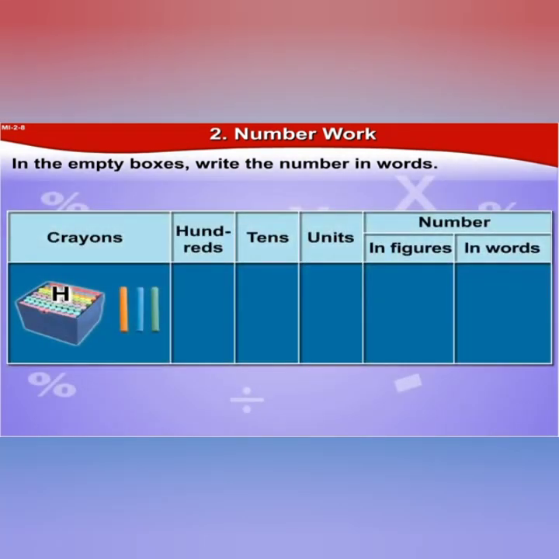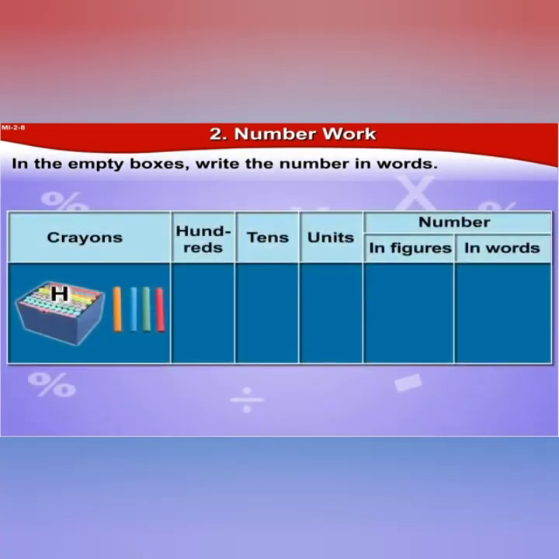Now the next picture has 100 crayons and 3 more crayons, which means it is 100, 0 tens, 3 units. In figures it is 103, in words it is 103.